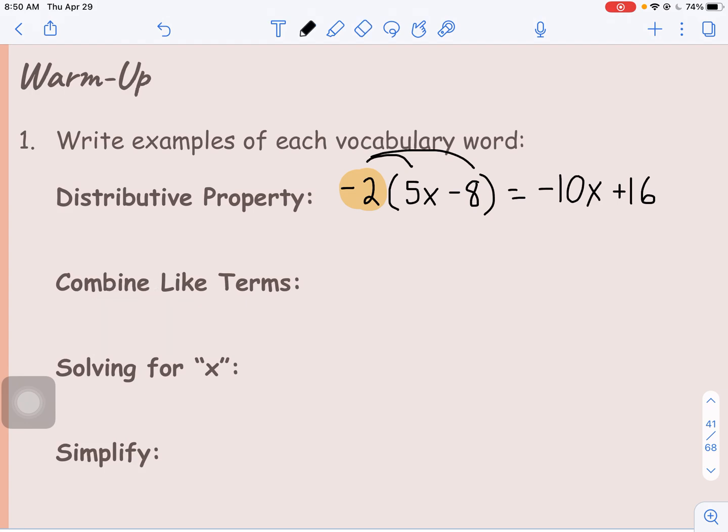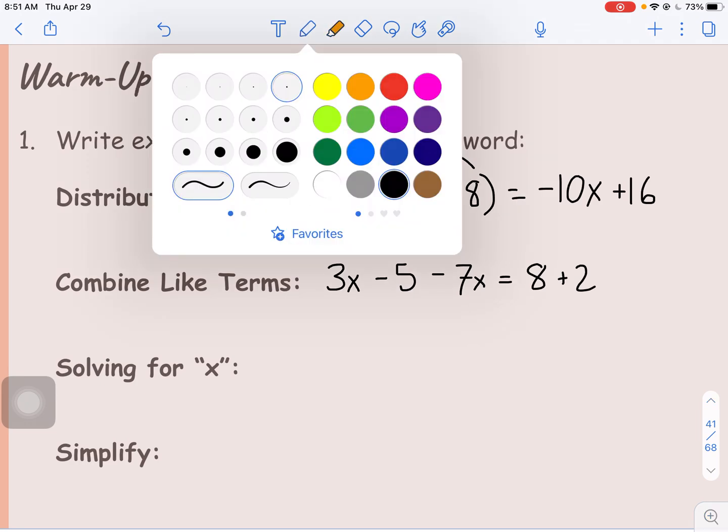So if we look at an example, say we have 3x minus 5 equals, minus 7x equals 8 plus 2. We can combine like terms on both sides of the equation.